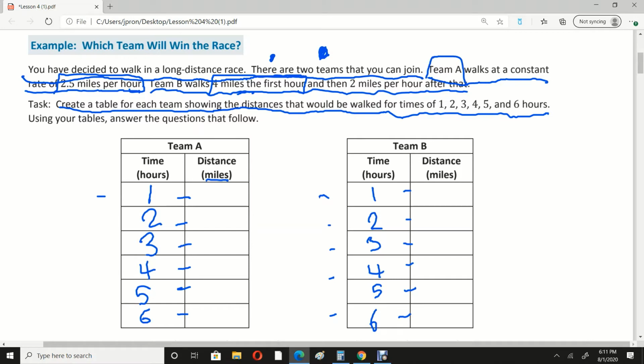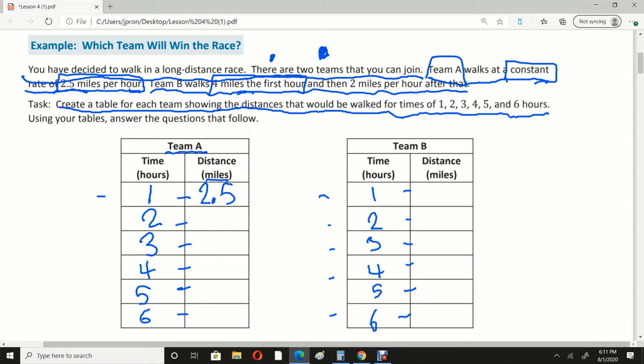All right. So for Team A, we should have found that in the first hour, Team A would have walked 2.5 miles. They travel at a constant speed of 2.5 miles per hour.